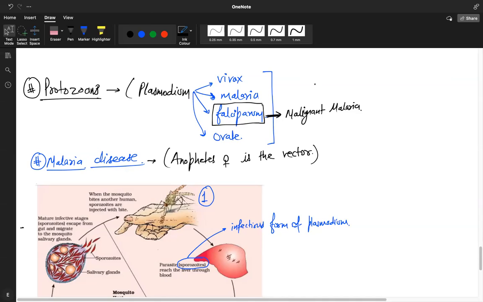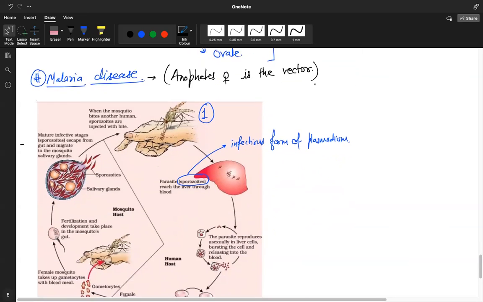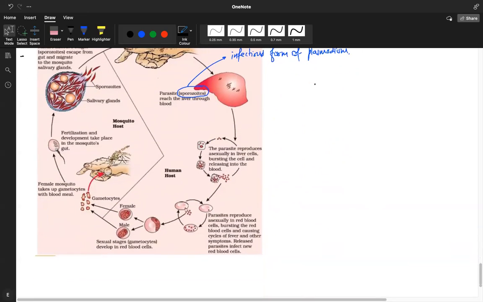Even if it goes directly from a human to another human, it has to go in sporozoite form, and as a sporozoite, it can cause malaria. But again, to continue growing, it has to go back to a mosquito host. So there are 2 hosts, human and mosquito. It's not causing a lot of damage in mosquito, it's causing a lot of damage in humans.